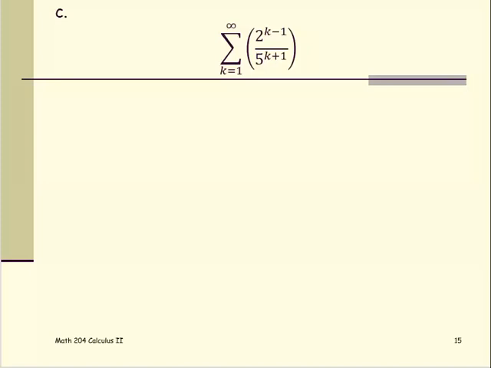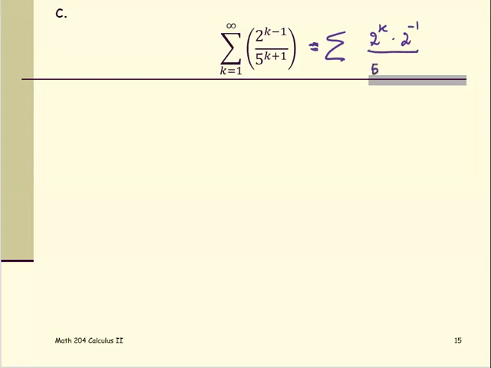This example, we have the series of 2 to the power k minus 1 divided by 5 to the power k plus 1. First of all, just rewrite the a_n term here in the form of something raised to the power k. So we have sigma notation. This is 2 to the power k times 2 to the negative first for the numerator.